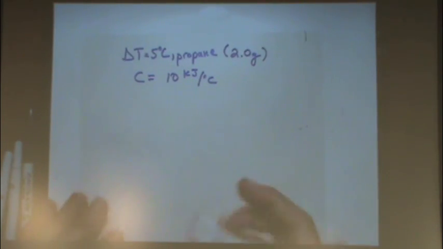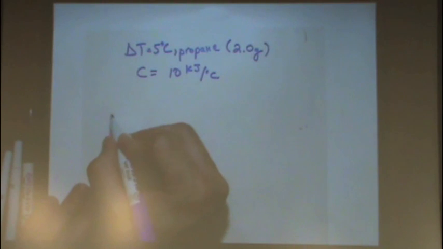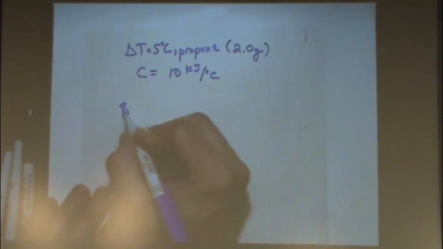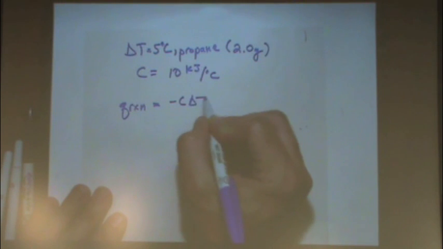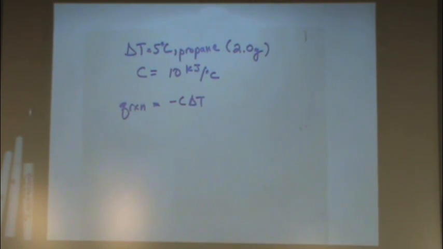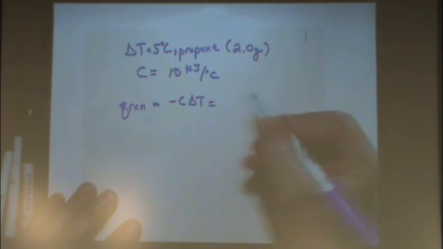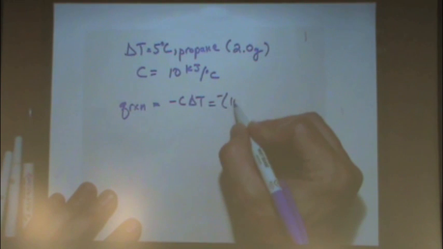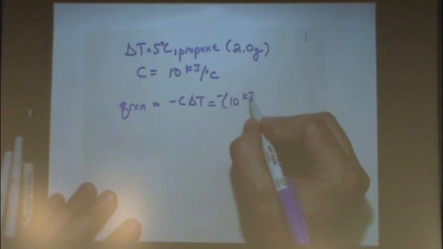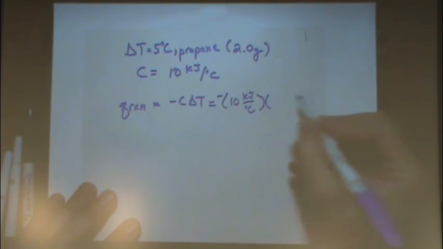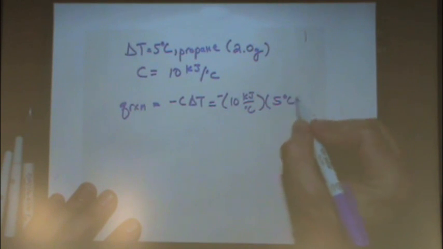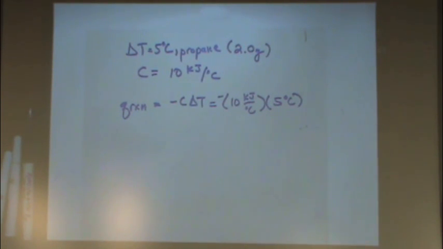So what you can do is say, I won't rewrite what I had written on the previous page, but Q reaction turns out to be minus C delta T. So you go negative 10 kilojoules per degree C times the increase of 5 degrees C. Notice in this case, and not always for a bomb calorimeter, they give you a temperature change.